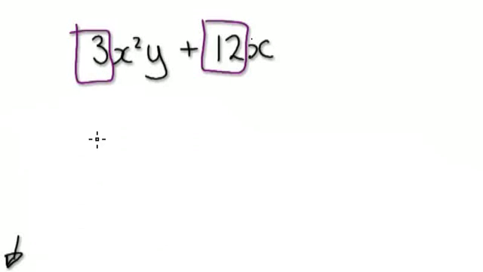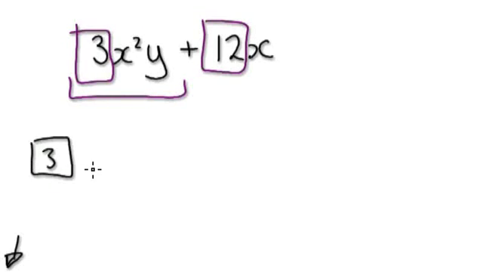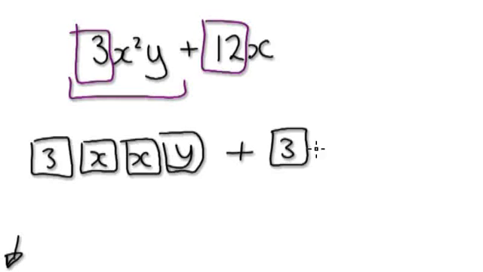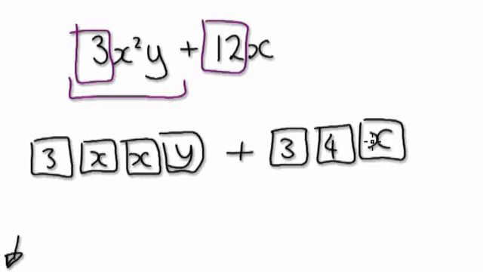Well, it happens to be 3. So let's visualize this bit here as 3 times x times x times y, and then this bit here as 3 times 4 times x.